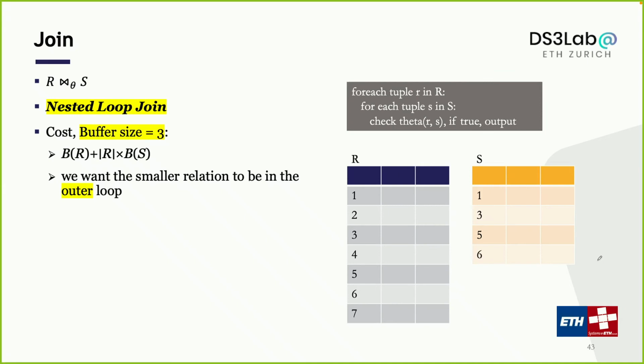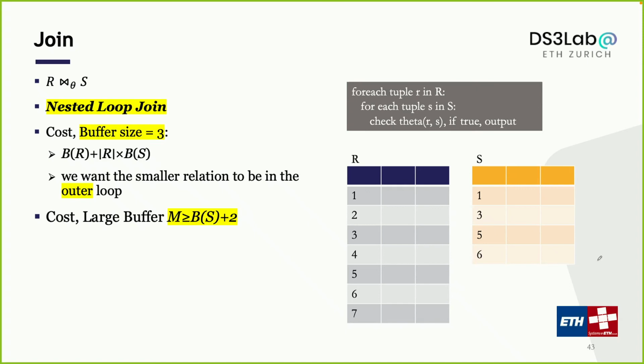So essentially, when you have a small buffer of three pages, you want to put the smaller relation in the outer loop. What happens when you have a really big buffer? What will the cost look like?